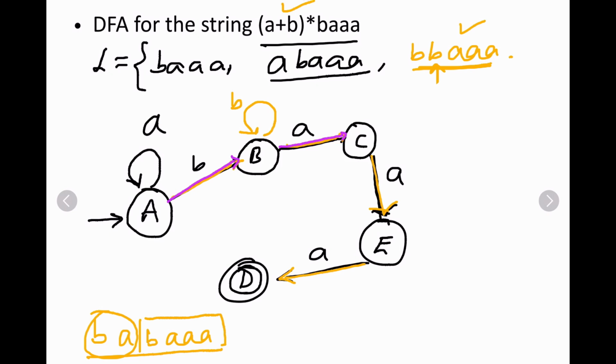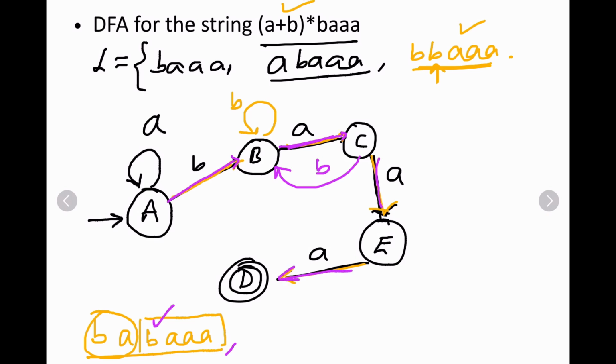But when you reach C, there is no a transition. Then what would you write? So here, on a transition comes back to A. So this is accepted. Then bbb reaches D, which is accepted.